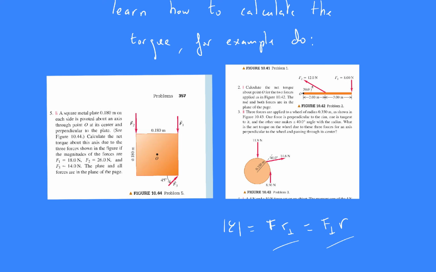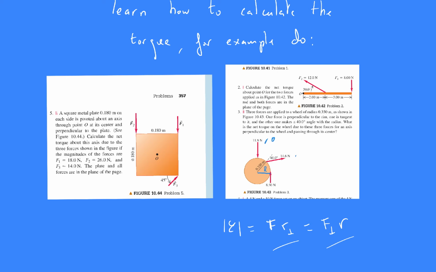So it's the force times the perpendicular distance. So 8.5 times 0.35 is the torque, and it's positive. This force has zero torque.